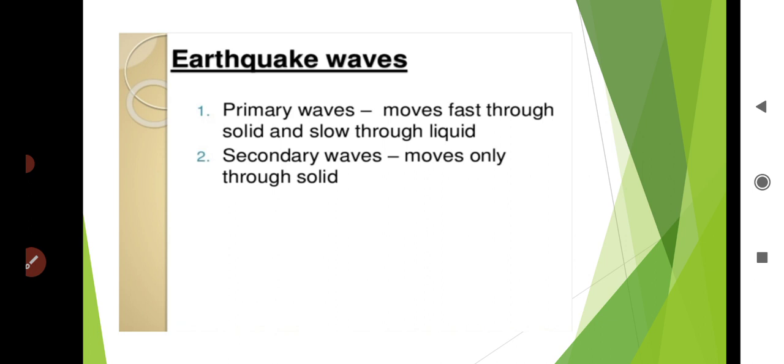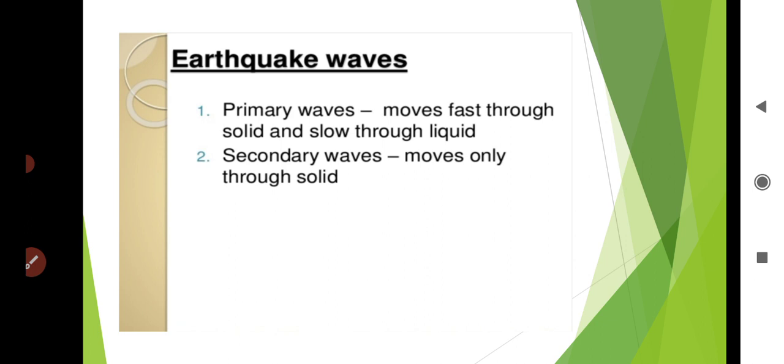The earthquake vibrations are recorded in the form of waves, and these waves are of three types. The first is the primary, which is also called longitudinal waves. The second is the secondary, which is also called transverse waves.